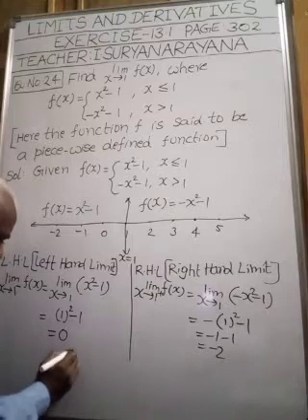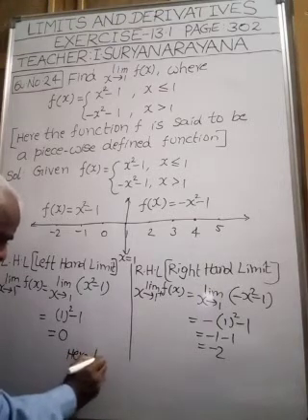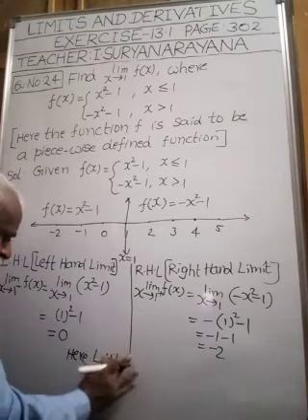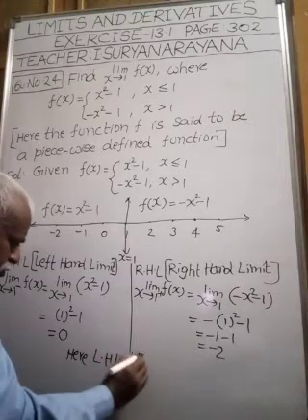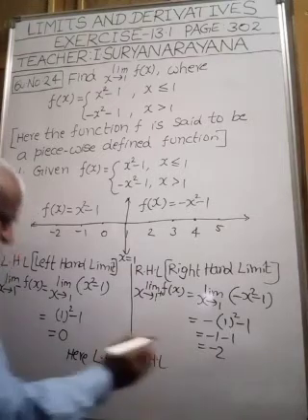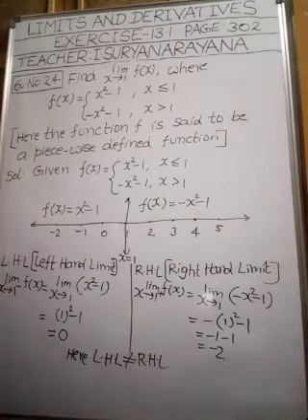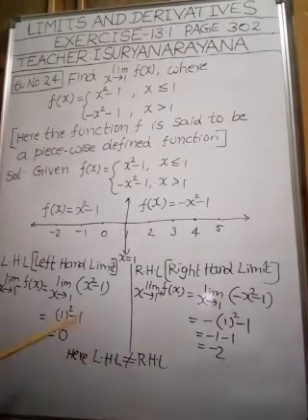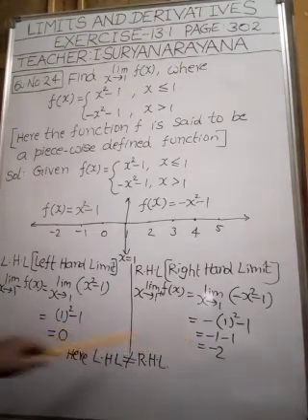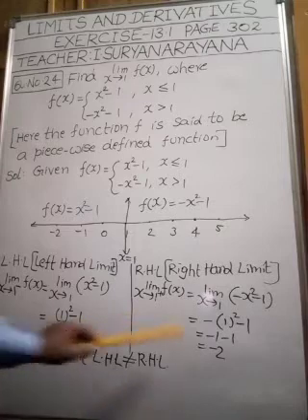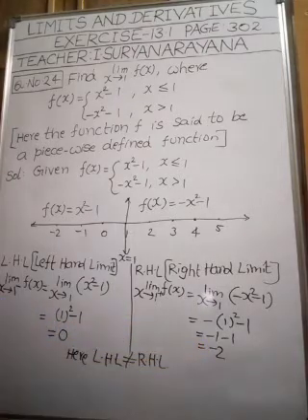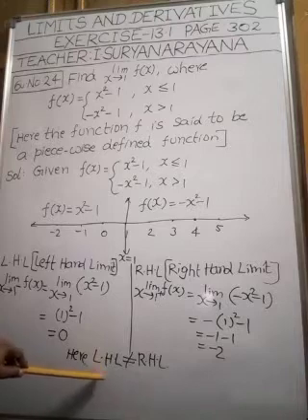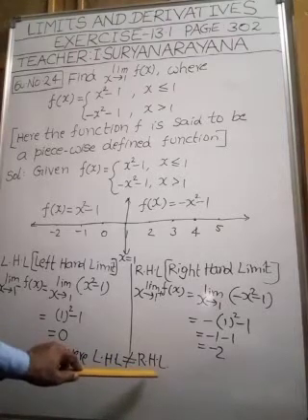Here the left hand limit is not equal to the right hand limit. In the previous question we got both limits the same, but in this case we are not getting the same value. The left hand limit is different from the right hand limit. They are not equal. So we wrote this step: LHL is not equal to RHL.